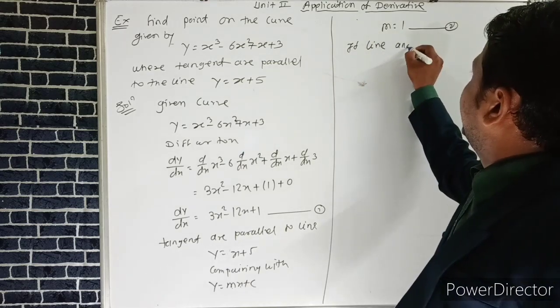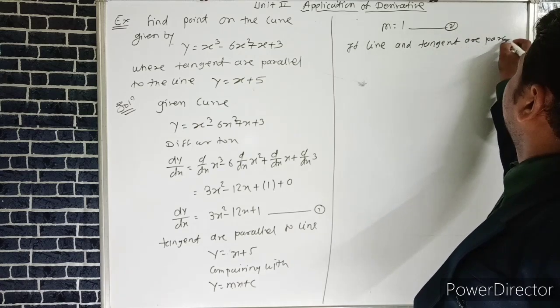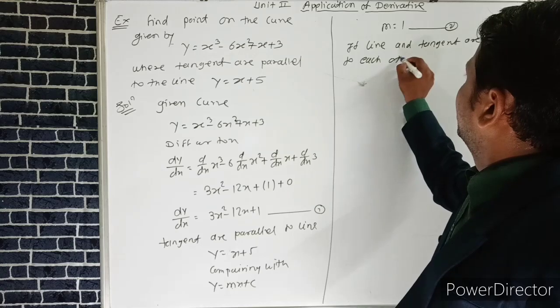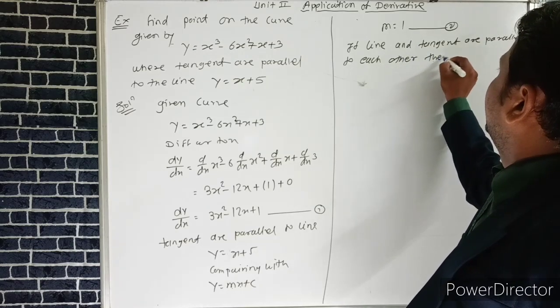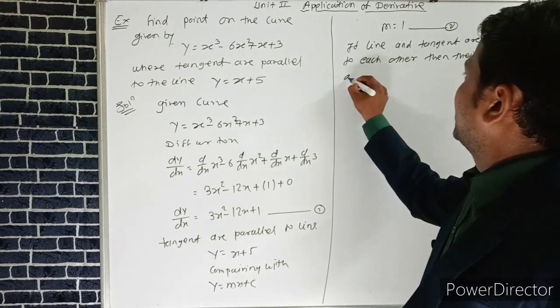If the line and tangent are parallel to each other, then their slopes are equal.